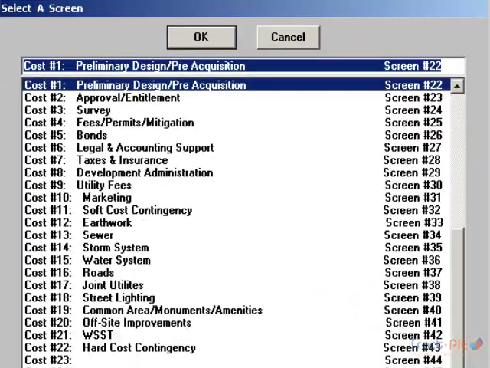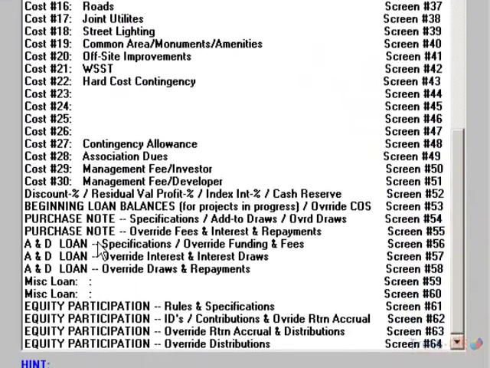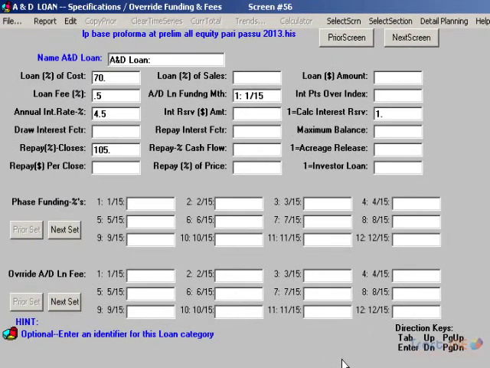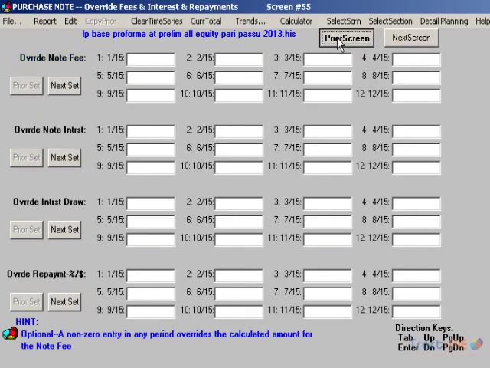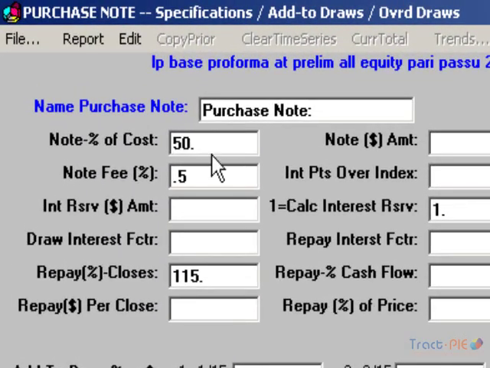The loan section is another powerful capability of the system. The initial land loan that we have is defined as funding 50% of the costs for the land.